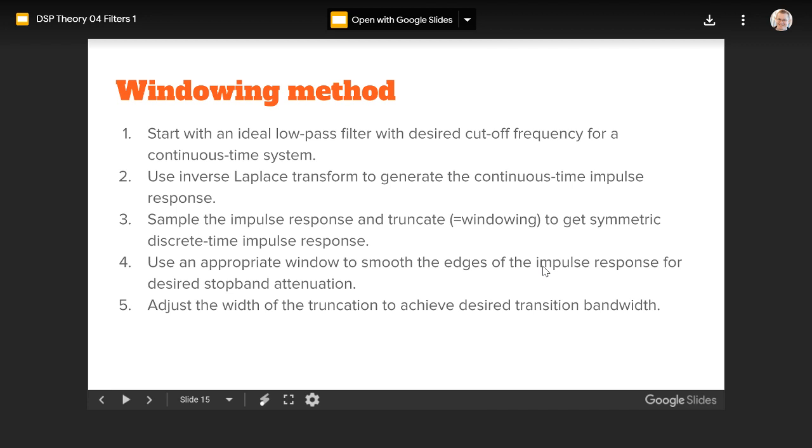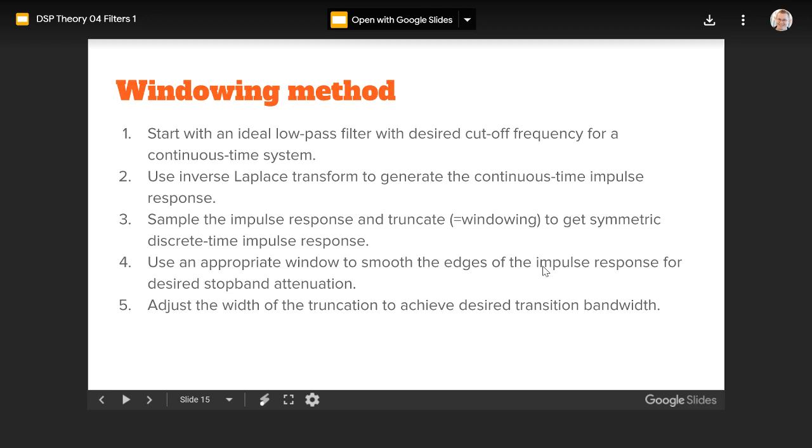If we take a look at the amplitude response of this system, meaning we take the Fourier transform of h of n, or calculate h of e to the j omega, this box actually transforms into sinc.